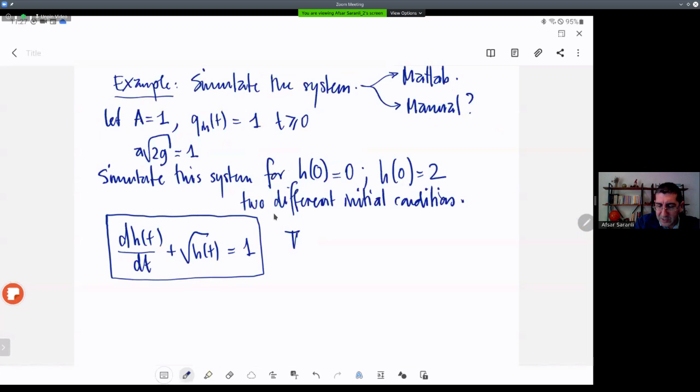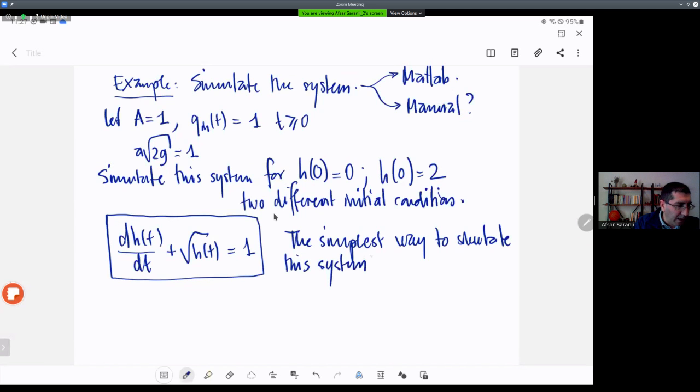The simplest way to simulate this system is to discretize it in time. That means make it a discrete time system using Newton's formula.